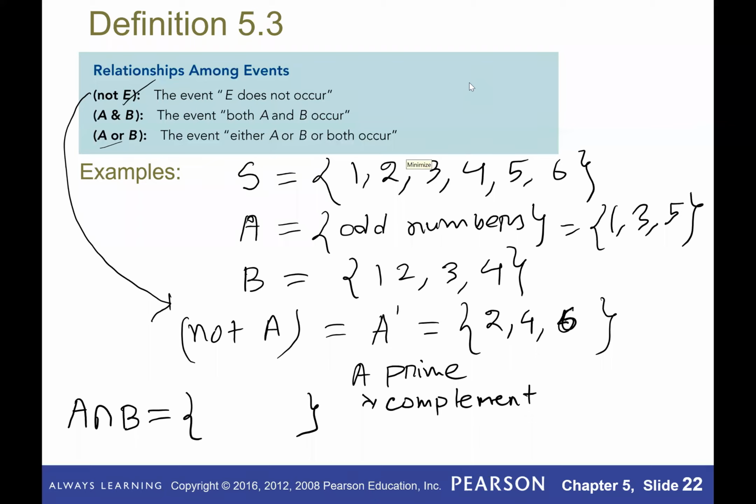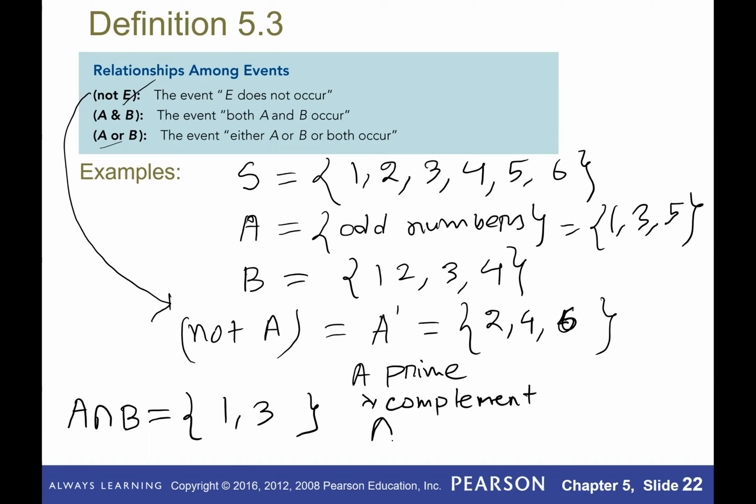Okay, so I got one answer, 1 and 3. What are the common elements in A and B? 1 and 3. Yeah, that's correct. Perfect. So 1 and 3.